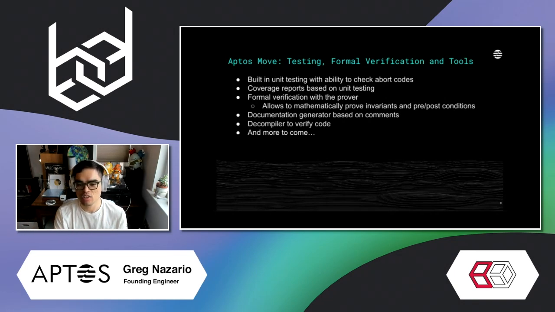There's a precondition, a postcondition, or an invariant, which is something that holds all the way through. So in the case of a coin transfer, I might say it will abort if I don't have enough money to transfer. So that's a good check there.